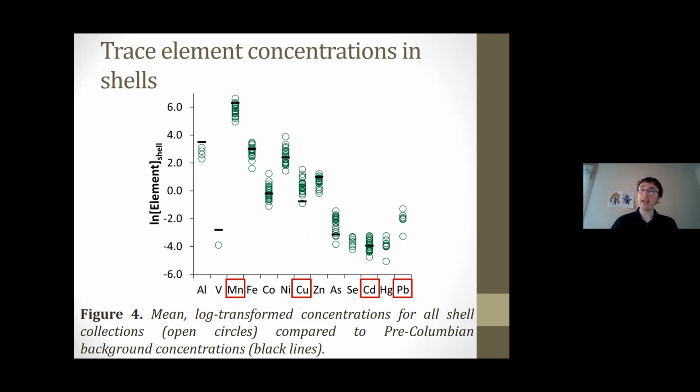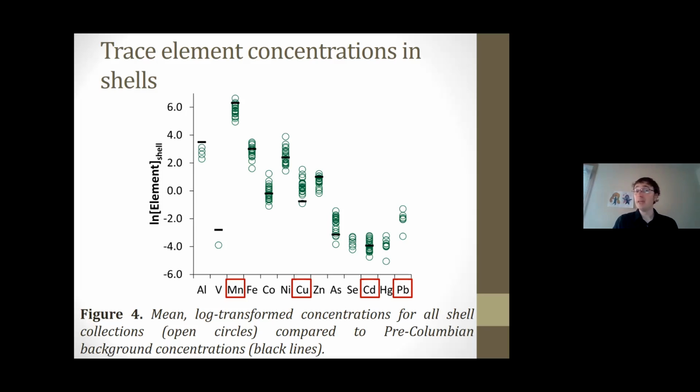So just looking at the means of every collection, a collection being a specific site and a specific time, I start sorting these into groups. And here each open circle is a different collection, and the black bar is the mean for the pre-Columbian background.